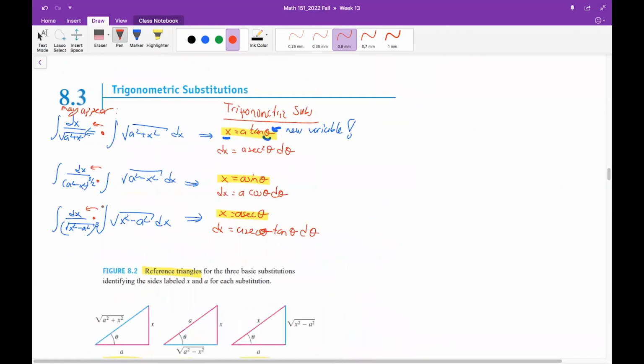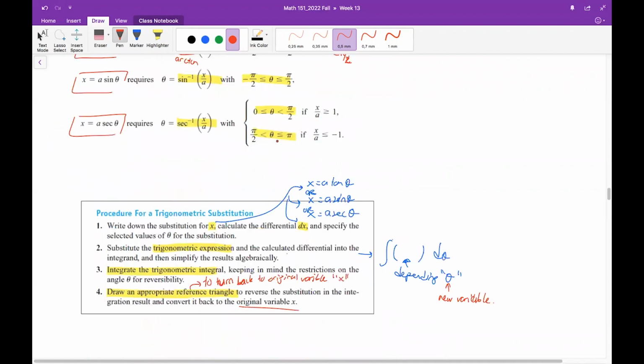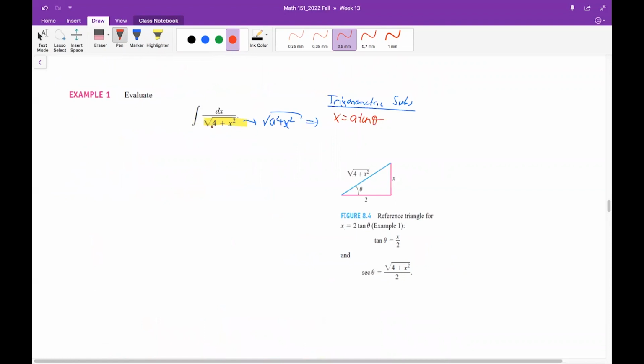Here are the most commonly used structures. If you have a squared plus x squared, you use a times tangent theta. And what is a here? You see, this part corresponds to a squared. That's why a is 2. That's why you will be using this trigonometric substitution, which is x equals 2 times tangent theta.